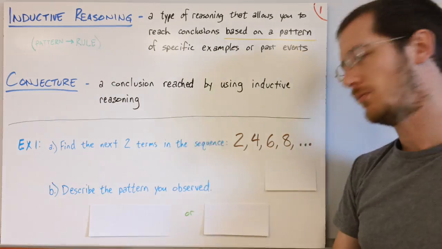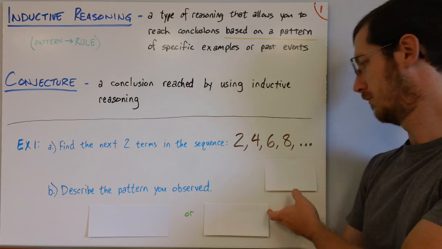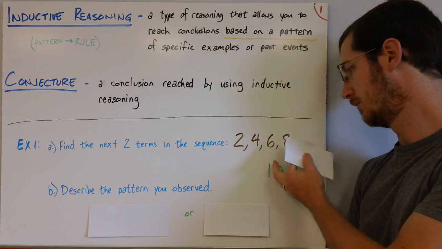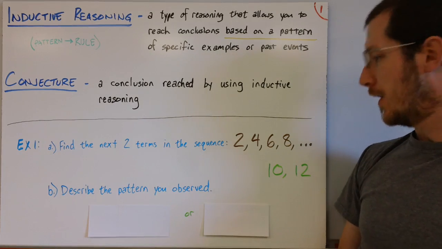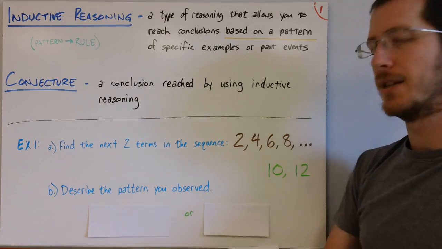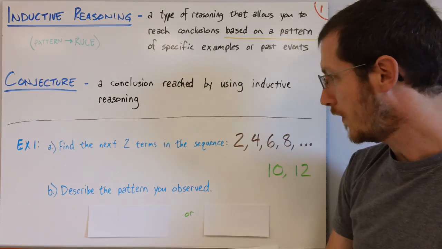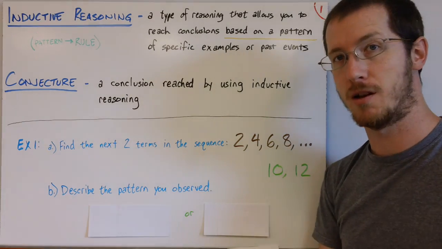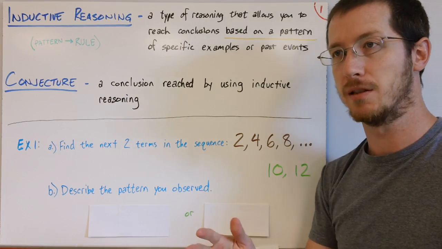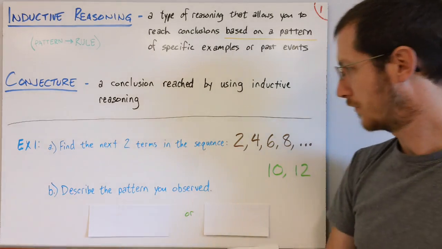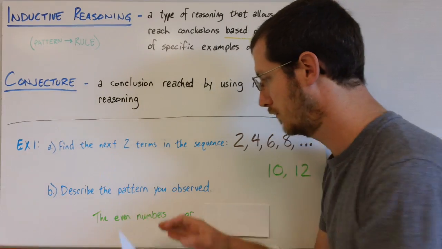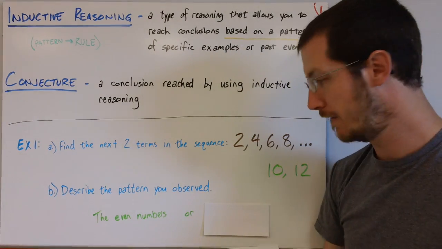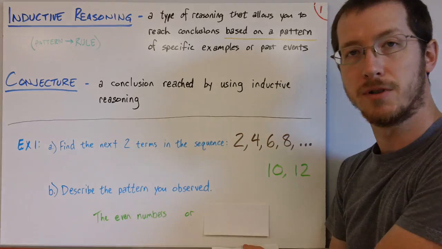So 2, 4, 6, 8, 10, 12 have to be the next two terms. So how do we get to 10 and 12? What is the pattern? We can think about it in a couple different ways. There's not always one set answer or one set rule. One way you can think of it is, well, it's the even numbers. You've learned the even numbers since elementary school.